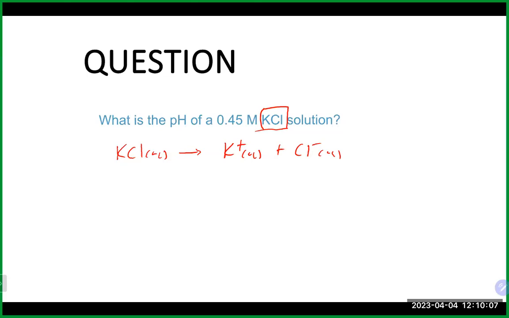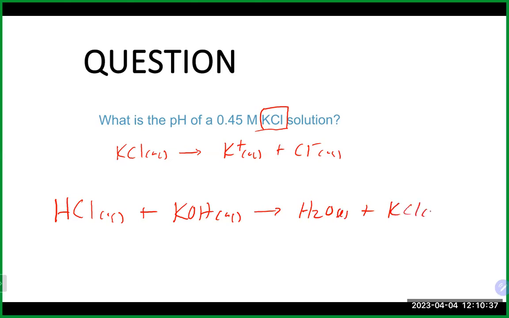So let's first think about where it came from. If you had to venture a guess as to what acid and base made KCl, what acid do you think made it? Yeah, HCl. And the base that made the KCl would probably be KOH, and that would get you some water plus some KCl, right?